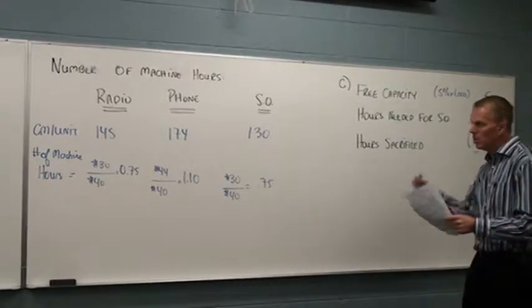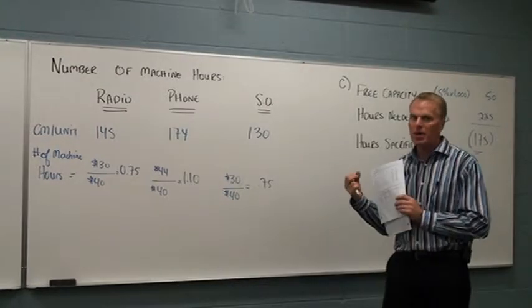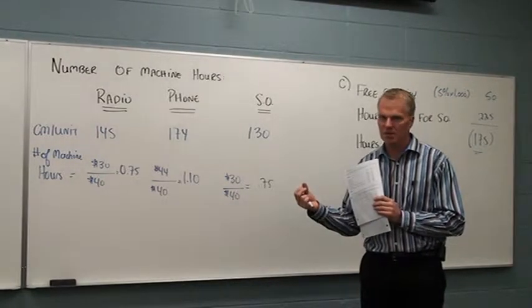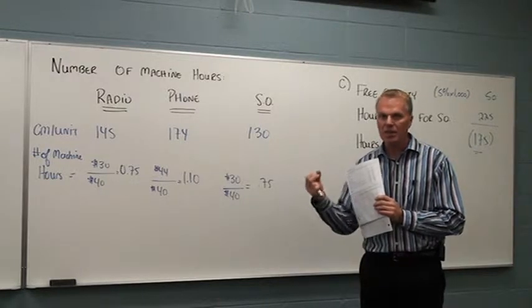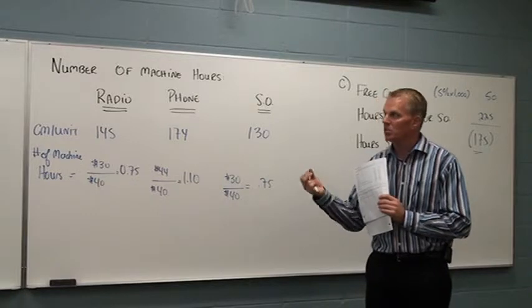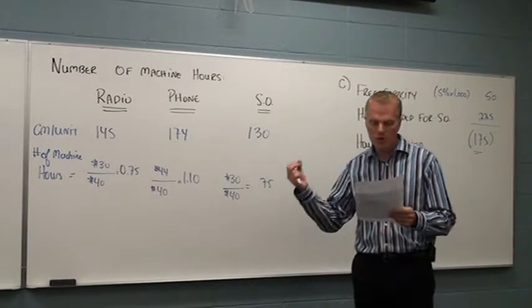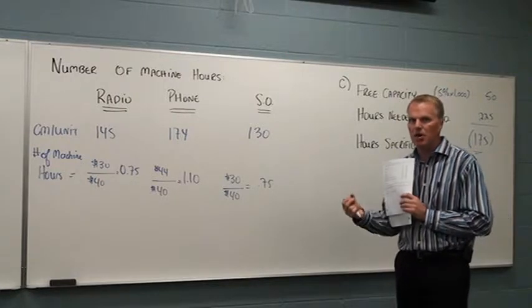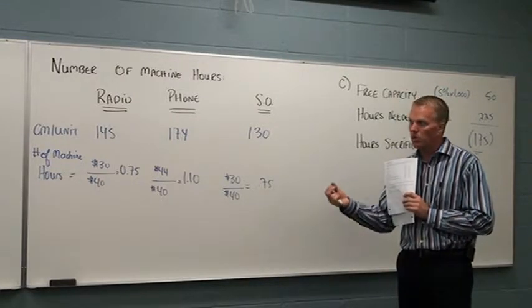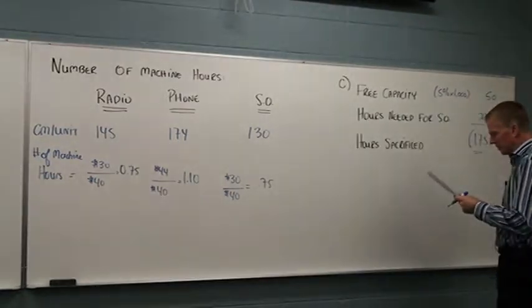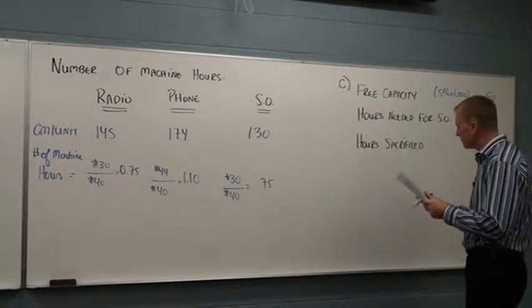So when we look at this now, we have to make a decision. Which product do we sacrifice? Well, we calculated the contribution margin per hour, and it definitely showed us that we wanted to sacrifice the phone. We want to give up the phone because we make the least amount per hour with the phone versus the radio. So we have to sacrifice 175 hours.